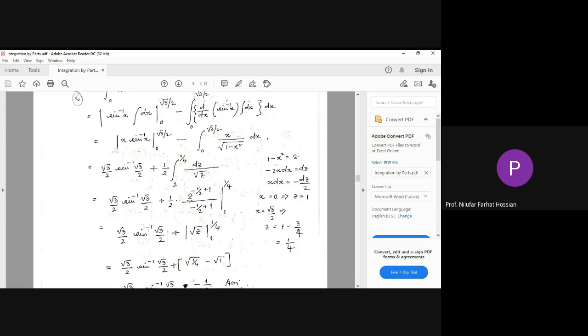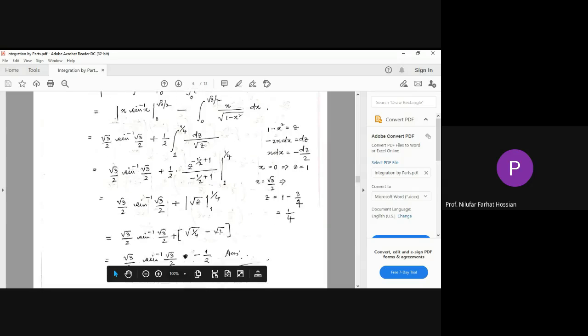So after integration, use the formula, it will be z to the power minus half plus 1 divided by minus half plus 1. Now simplify it. In the lower side you are getting half, so in the upper side it will be 2, to cancel out, and z to the power minus half plus 1 means z to the power half. Z to the power half means root over z, and the limits are 1 up to 1 by 4.